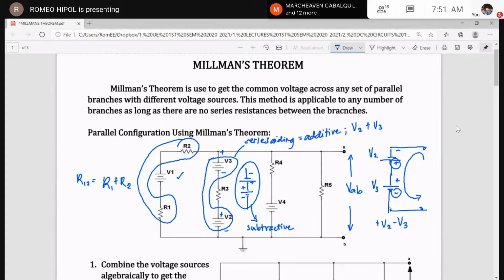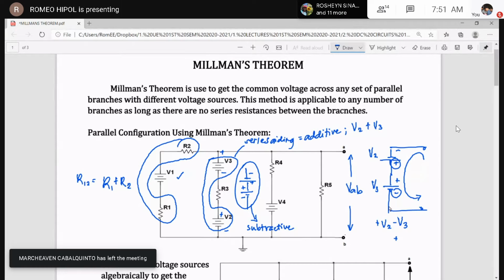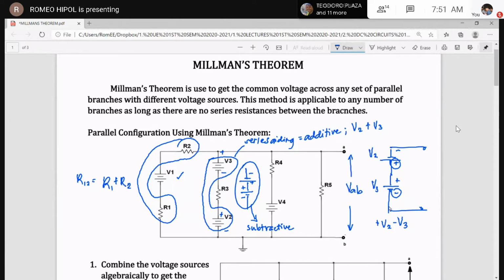Pero for example, kasi set kayo ng opposite direction. So, ang mangyayari dyan, we have opposite yung loop direction. So, kunin niyo yung positive B3 minus B2. Pero in assigning loop direction kasi, dapat pare-pareho in each branch.